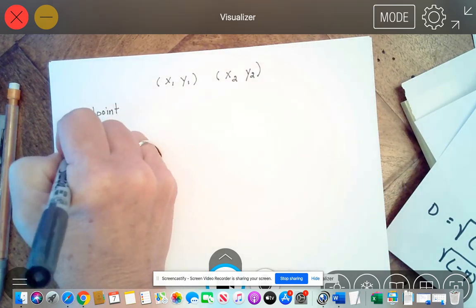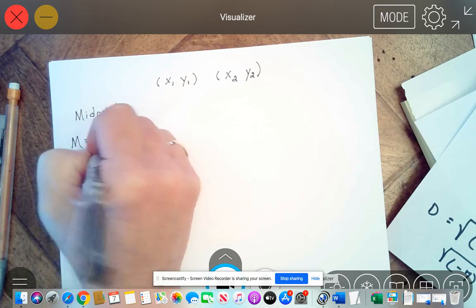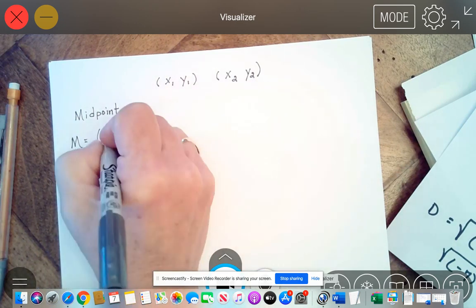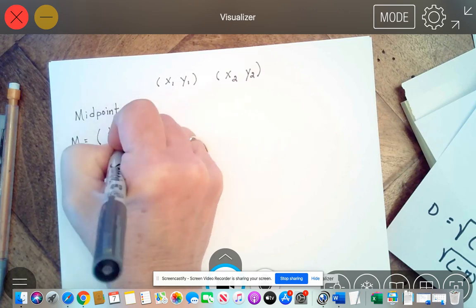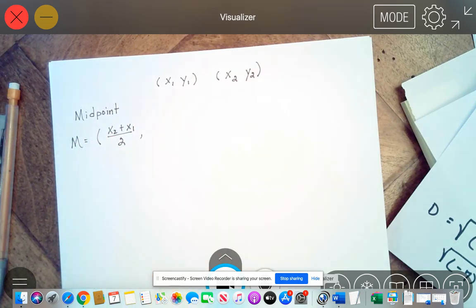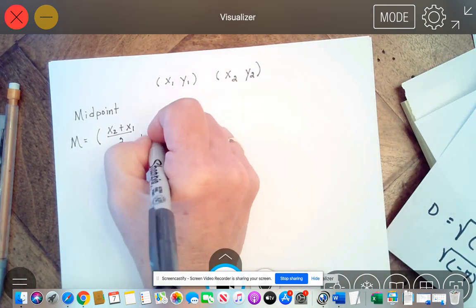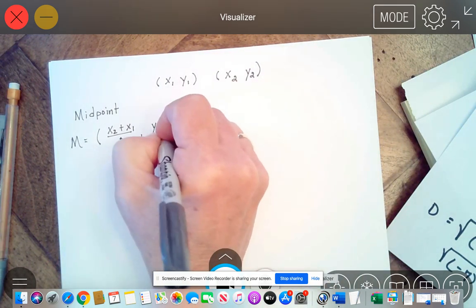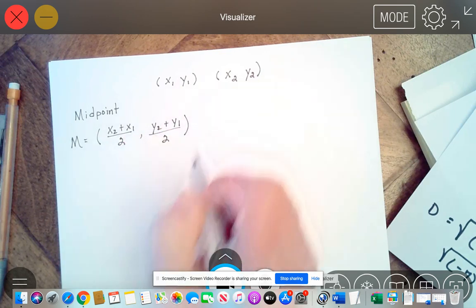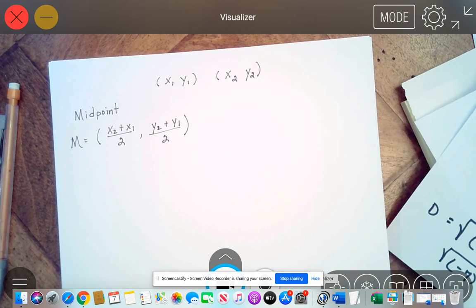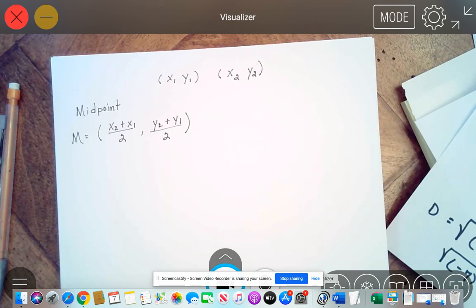In our midpoint formula, we're going to add up the x values and divide by 2. That's going to give us the x coordinate. We're going to add up the y values and divide by 2. That's going to give us those y values, okay?